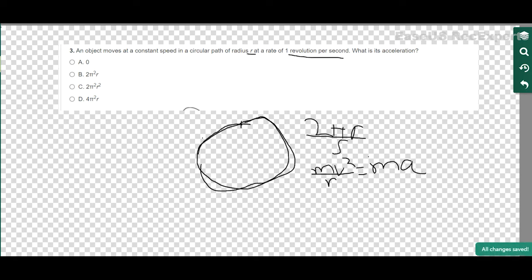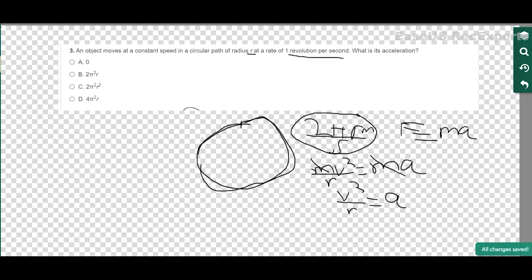And now we're trying to find the acceleration. Force is equal to ma. So we can set your centripetal force equal to mass times acceleration. Now from here we can cancel out the m's, and we get v squared over r is equal to a. And we know that our v, or speed actually, is equal to 2 pi r meters per second.